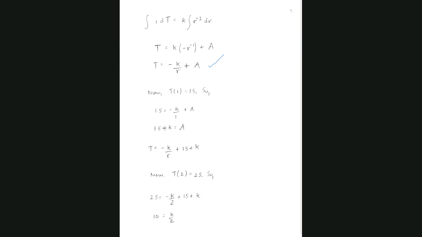If we have these two constants to solve for, k and a, how many initial conditions do we need to solve for those constants? That's right, John. We need two. And we have two initial conditions.